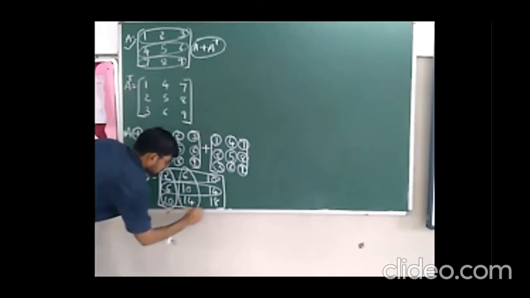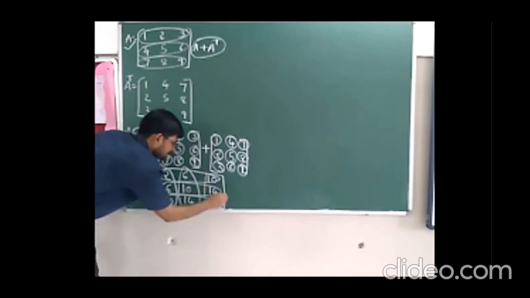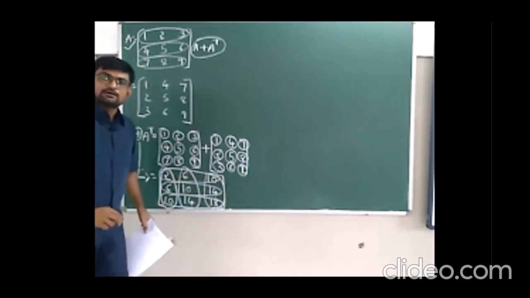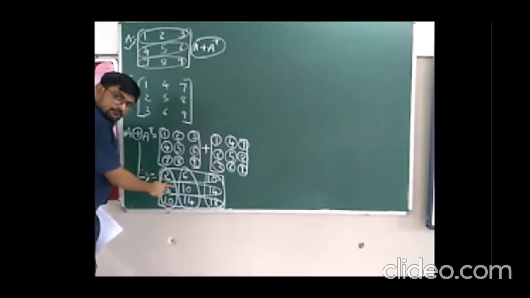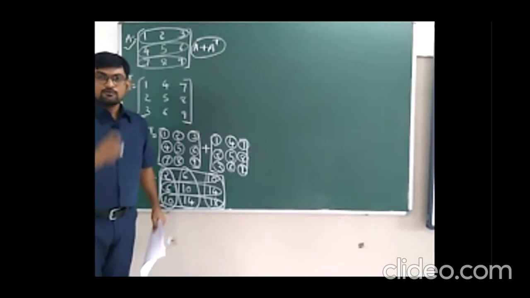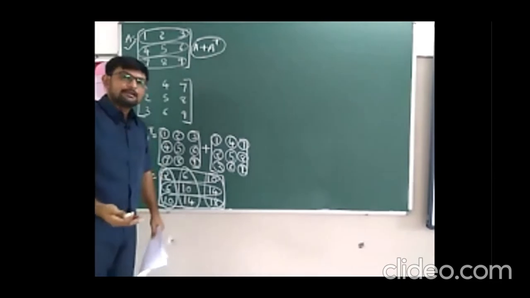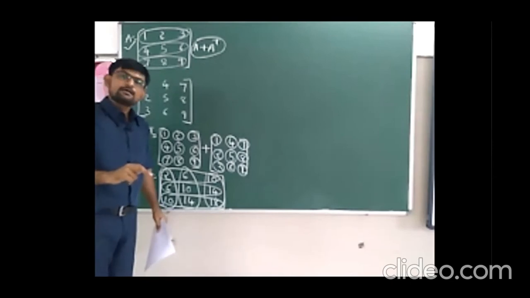In the third row there are 10, 14, 18, and in the third column again 10, 14, 18. So if you find the transpose of this matrix, you will again get the same result. When you find the transpose of any matrix and again get the same result, it is called a symmetric matrix, as we saw in the definition of symmetric matrix.